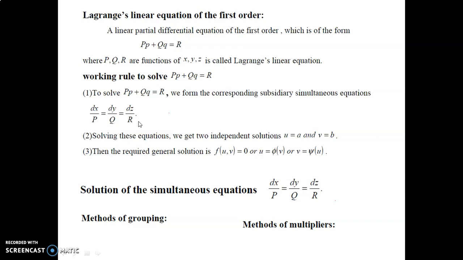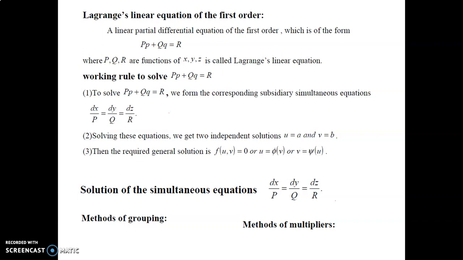We try to solve this equation by taking two terms at a time, that is, one ratio at a time. For example, I may consider dx by P equal to dy by Q as one set of ratio. Another is dy by Q equal to dz by R, and some may go with dx by P equal to dz by R. So we have three sets of ratios.